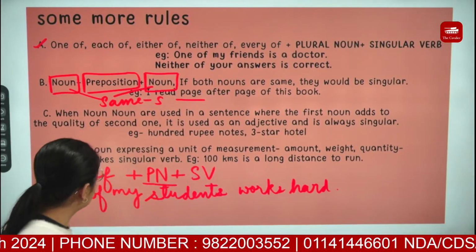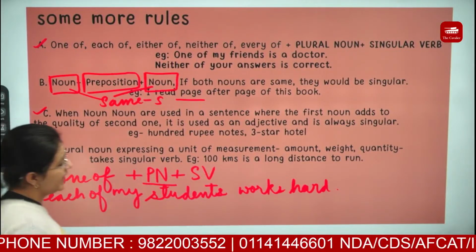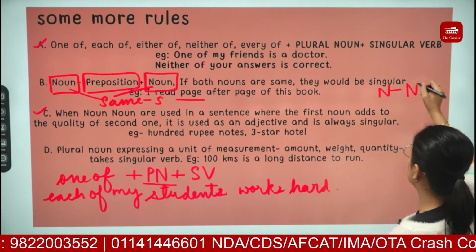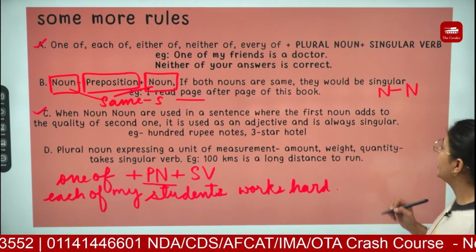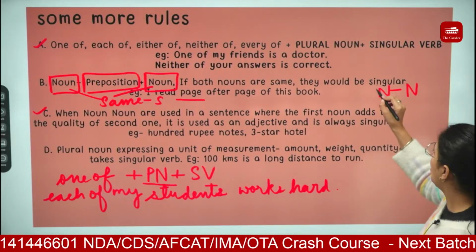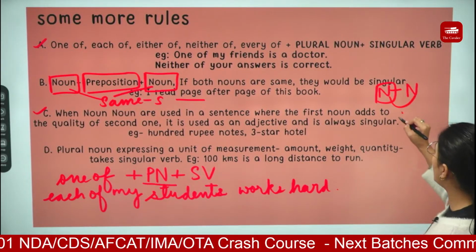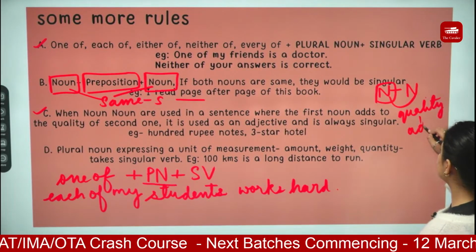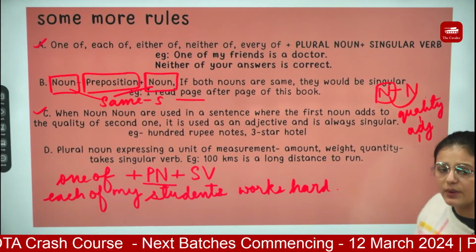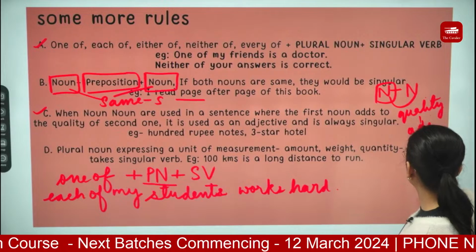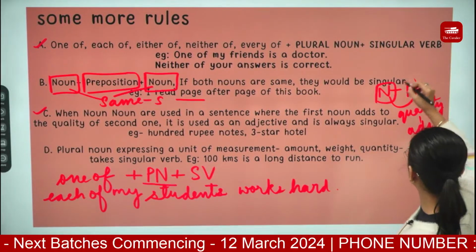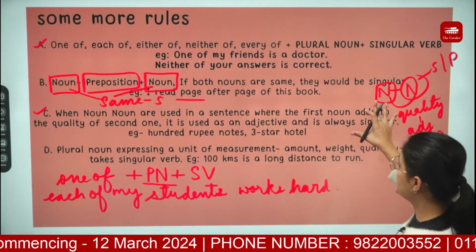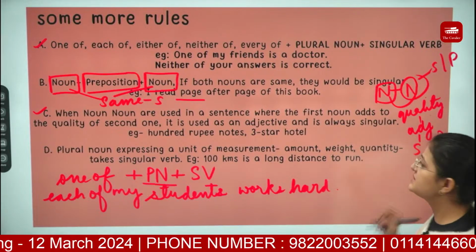The third is whenever there is a noun adding quality to another noun. When two nouns are used and this noun gives quality to the other, meaning it is acting as an adjective, it is always going to be singular, no matter whether the other noun is singular or plural. So the first noun should always be singular.